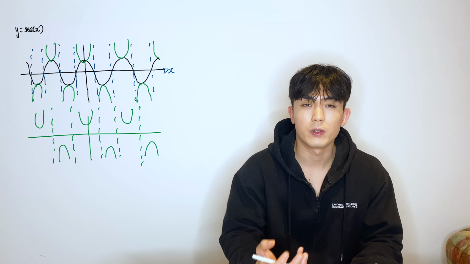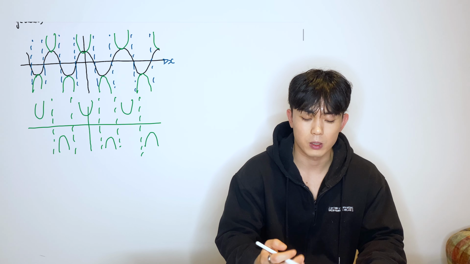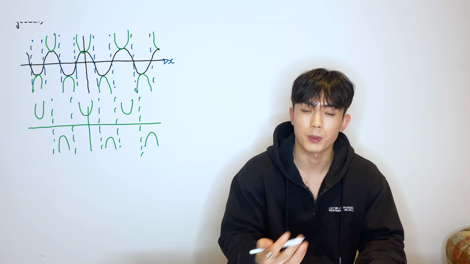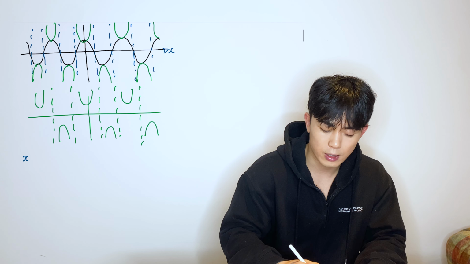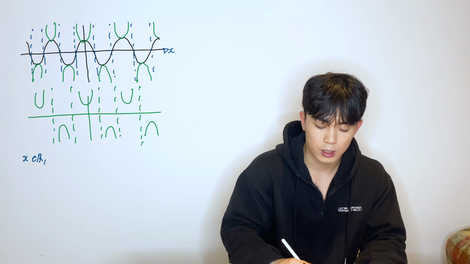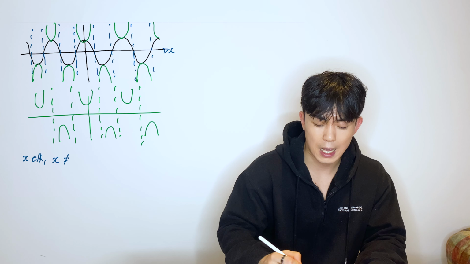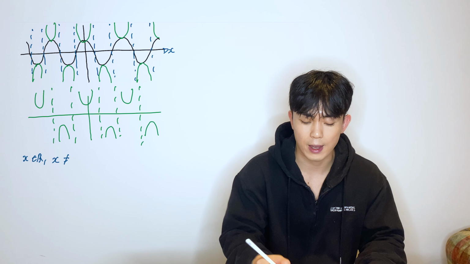Once we've drawn it, we also need to know the domain and range. Remember, the domain is the possible x values, and the range is the possible y values. You can see that the domain x is all real values except at the asymptotes. x can't be at these asymptotes, and we work it out from where the cos graph crosses the x-axis.